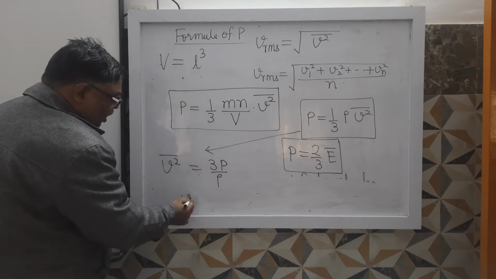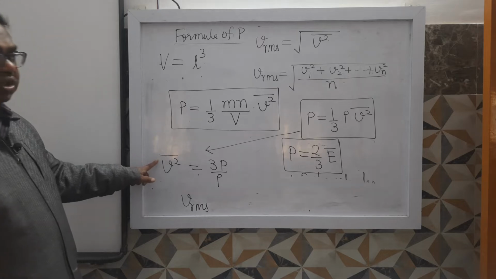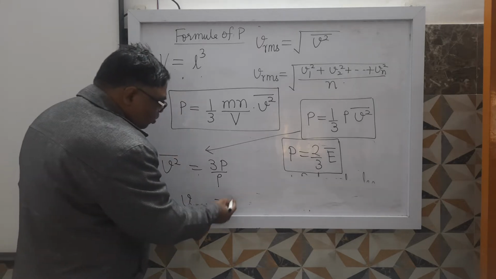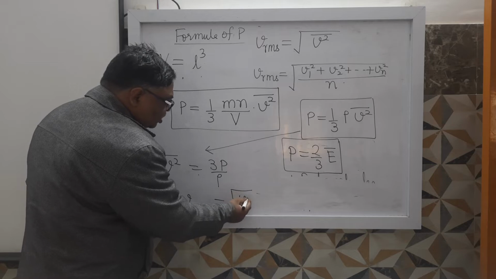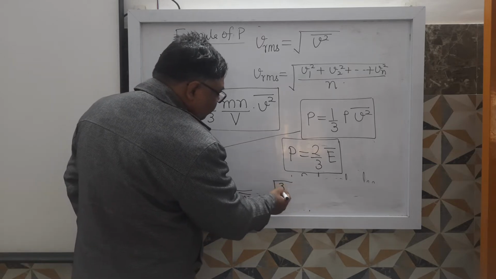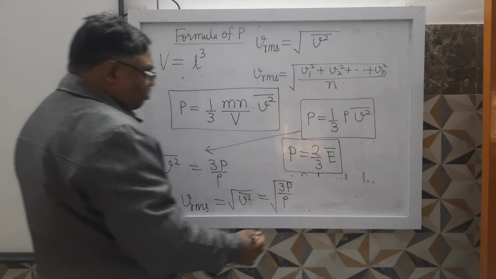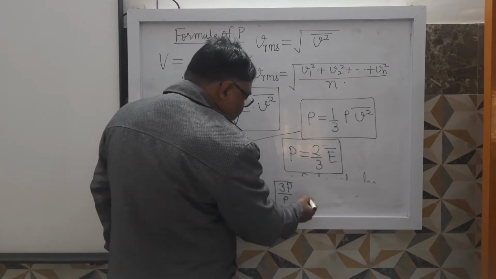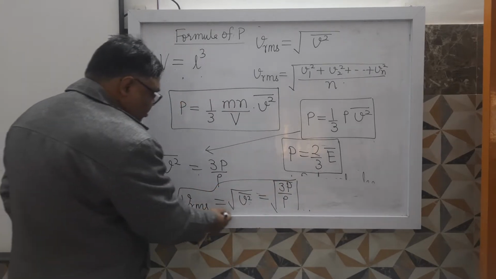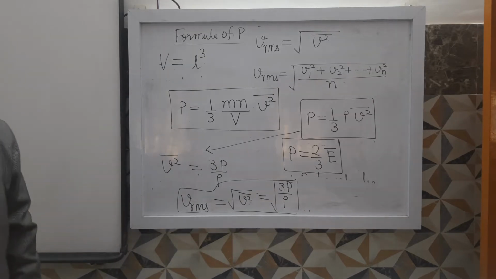So what is VRMS? As we know, VRMS is the square root of mean square velocity. So it will be root 3P upon rho. So VRMS is this, that you remember. This is the VRMS. It's clear?